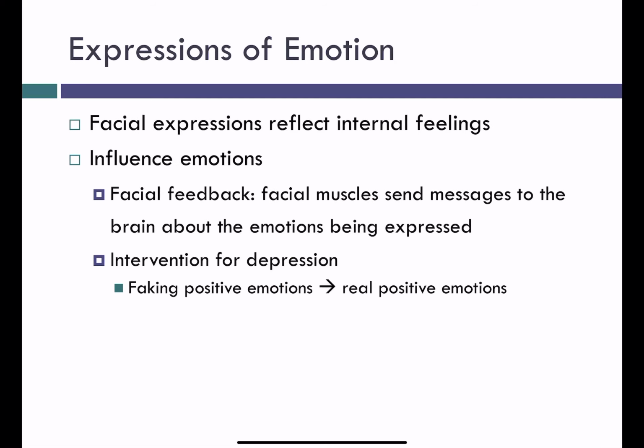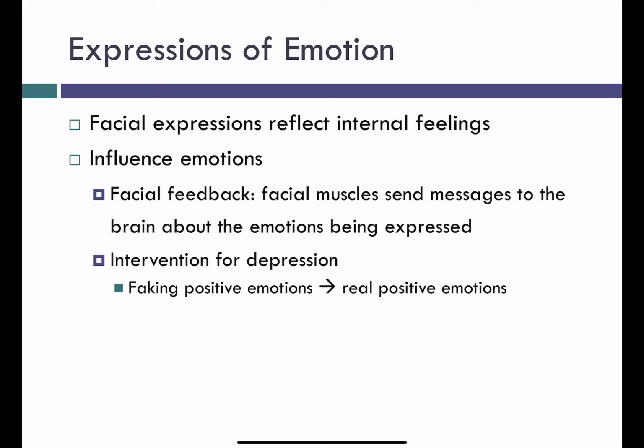And it's important to remember that these facial expressions tend to express internal feelings. But there's also some interesting evidence that the expression on your face can actually influence the internal feelings as well. So the facial feedback hypothesis has shown that our facial muscles actually send a message to the brain about the emotions being expressed.